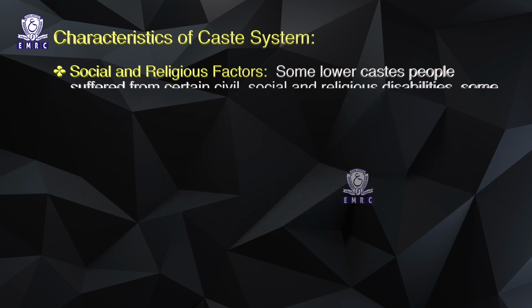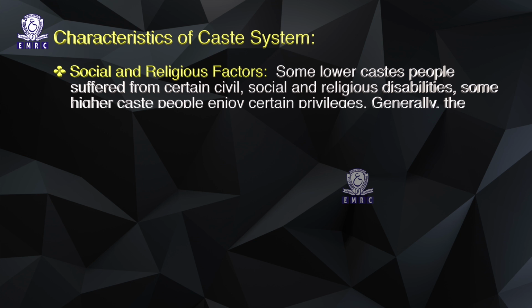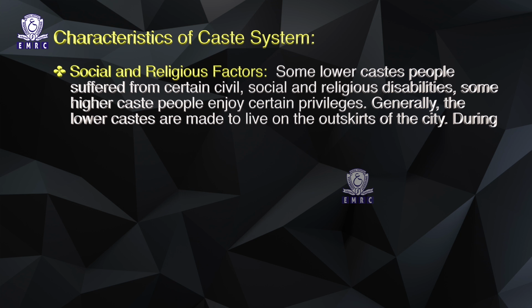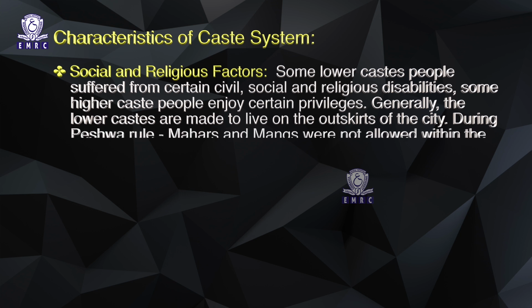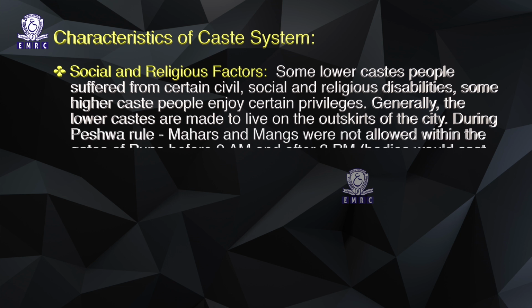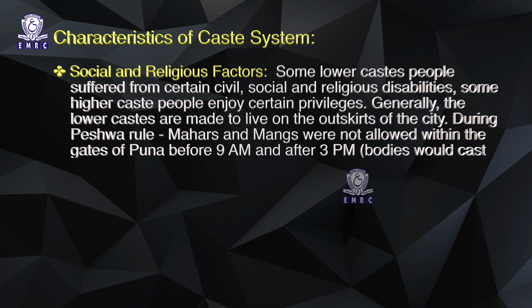Social and religious factors of caste. Some lower caste people suffered from certain civil, social and religious disabilities. Some higher caste people enjoyed certain privileges. Generally, the lower castes are made to live on the outskirts of the city.